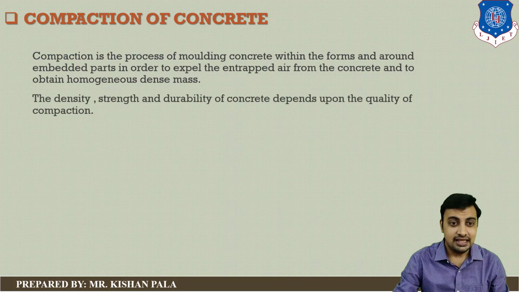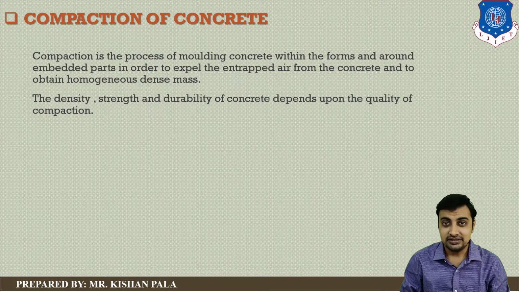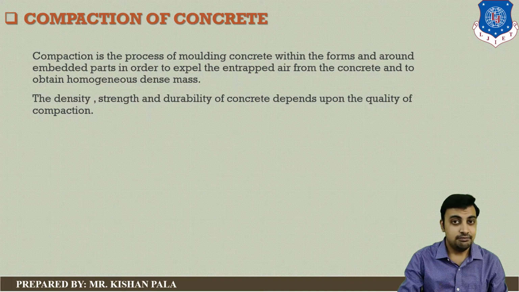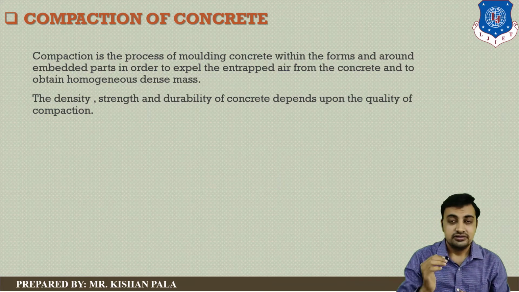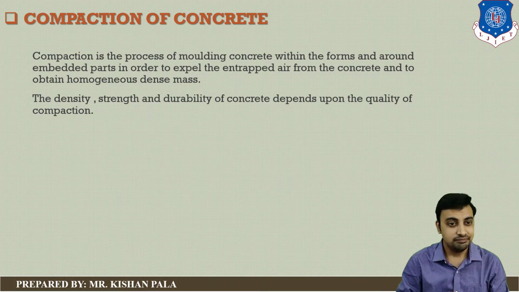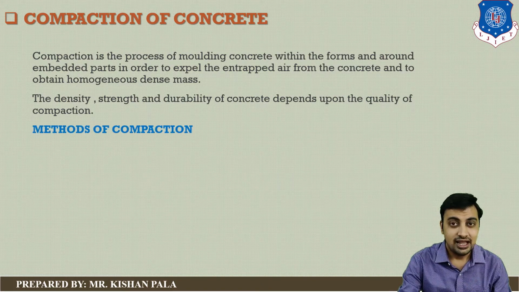And the density, strength, and durability of the concrete depend upon the quality of compaction, because with well compacted concrete you will get high workability, compressibility, strength, and durability of concrete. So it depends upon the compaction. And which are the methods for the compaction?